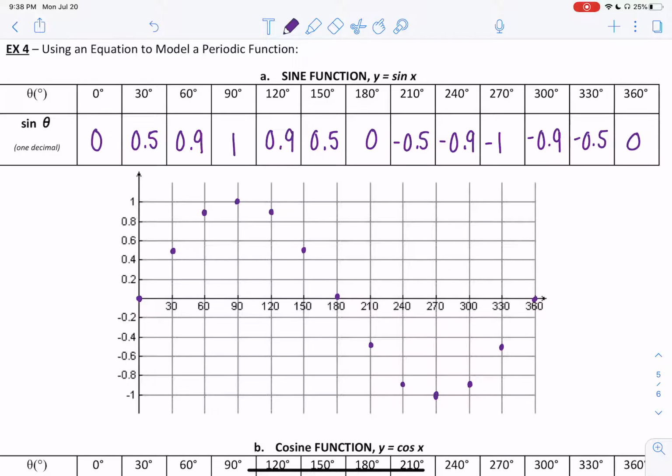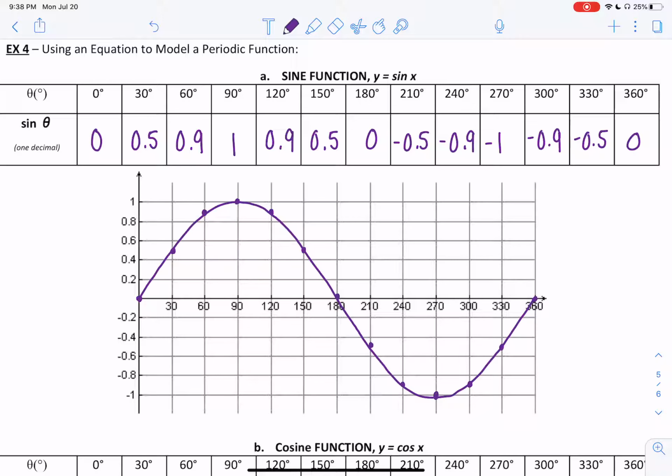There we go. So here is our sine curve. Starts at 0, goes up to 1, goes down to -1, back to 0. So that is our sine function. That's the parent function for our sine function.